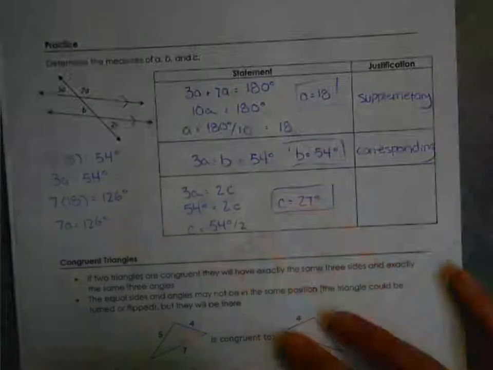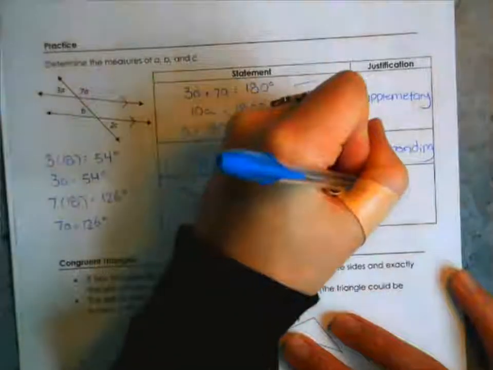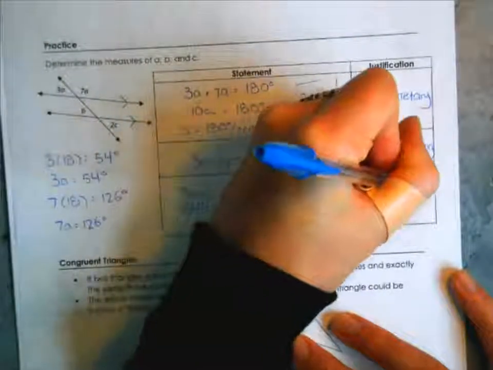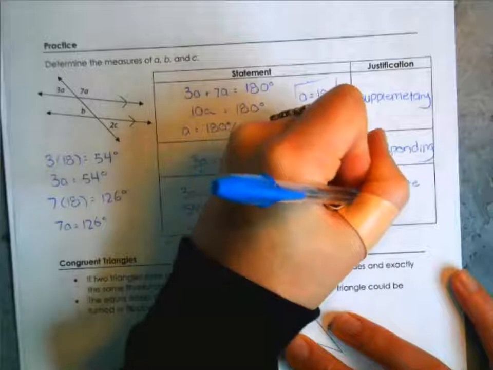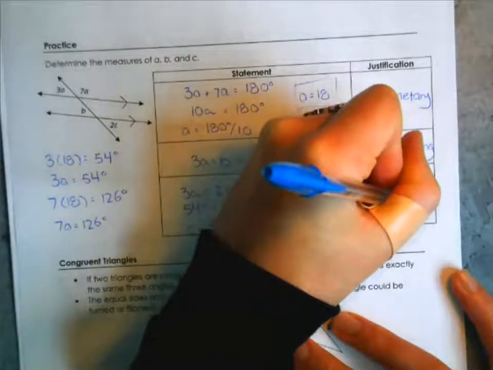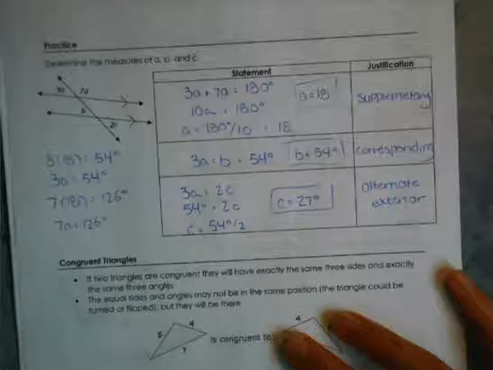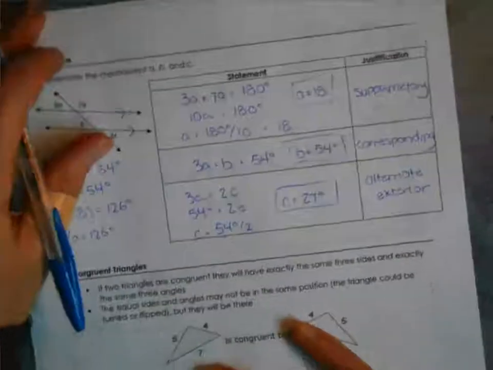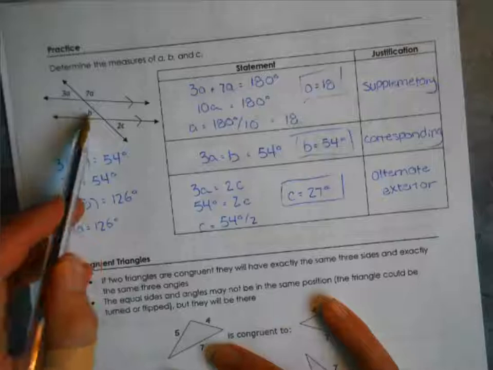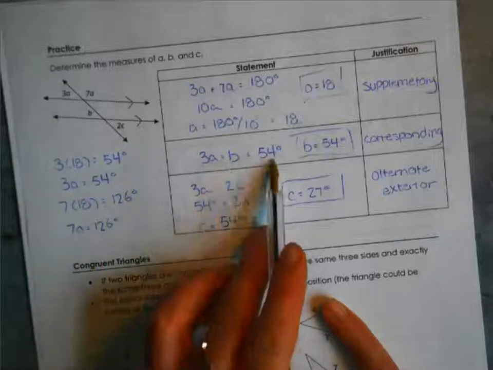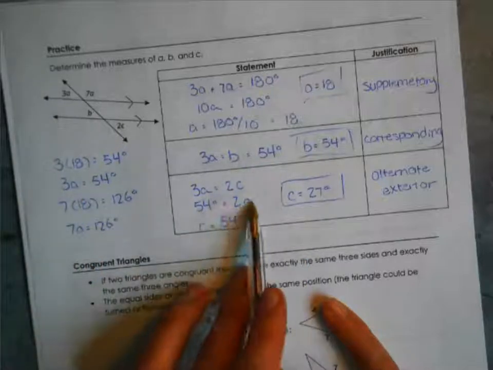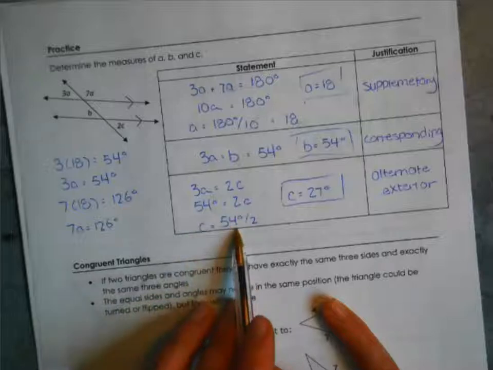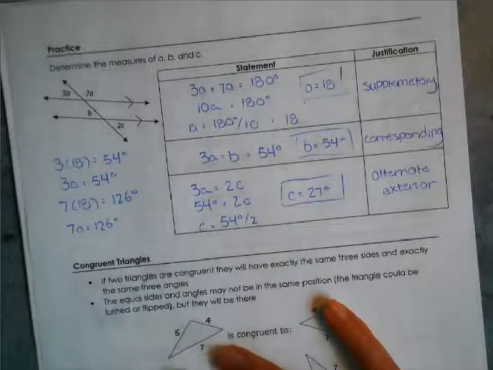And that was the rule of alternate exterior. Now, if you would have used the opposite justification, you also would have had to do the same exact math, because B would have been equal to 54, which would have been equal to 2C, and then you would have divided out the 2 the same way and come up with the same value.